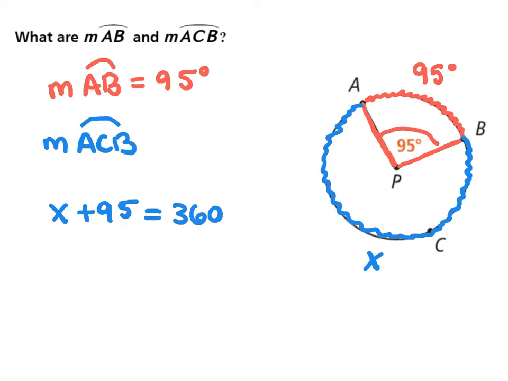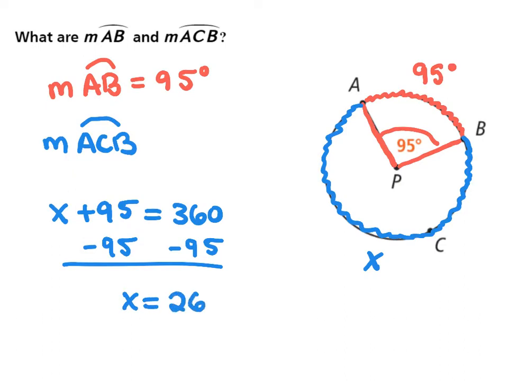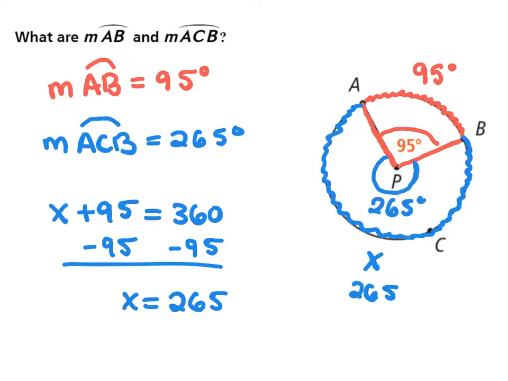So if we solve and you subtract 95 from both sides, 360 minus 95 gives us that x equals 265. So the measure of that arc is 265. So this arc here has a measure of 265 degrees.